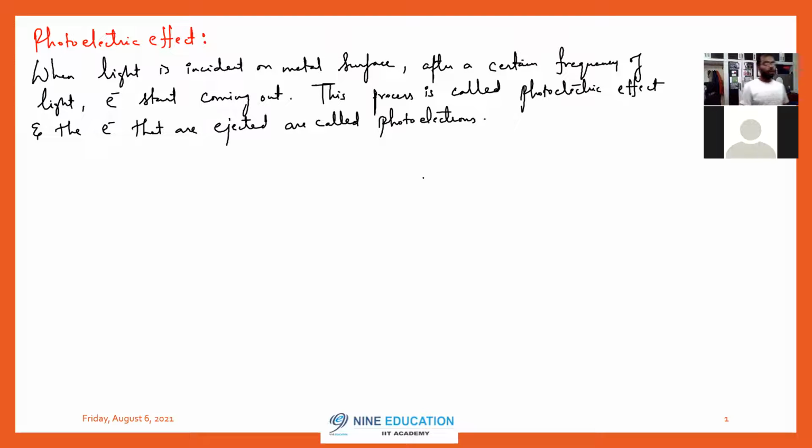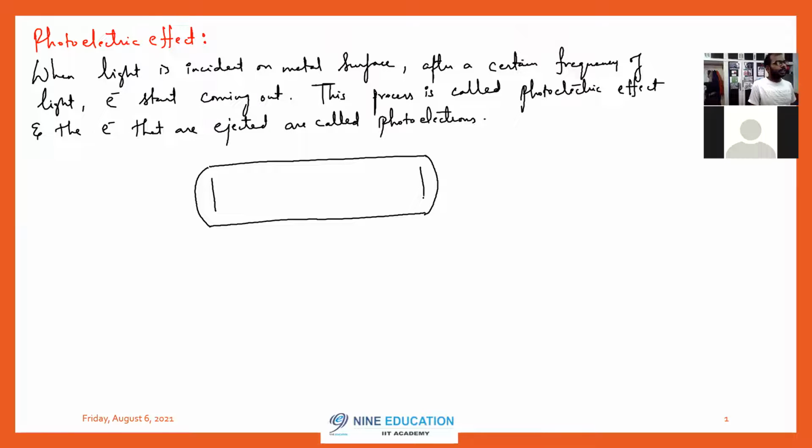Let me propose a small experiment. There is a discharge tube like this. And there are two metal plates at two ends of the discharge tube. These metal plates are powered. They are connected to an external EMF.